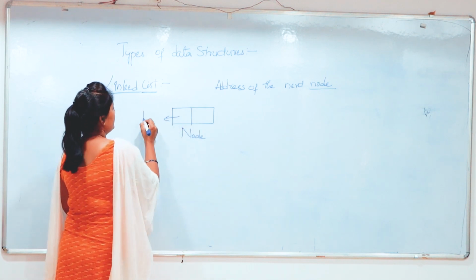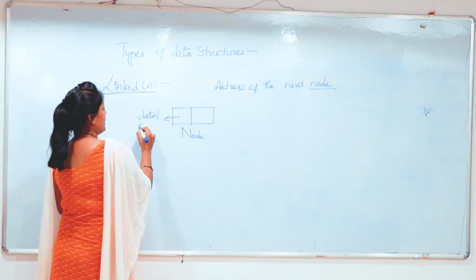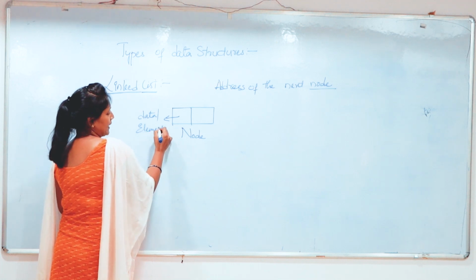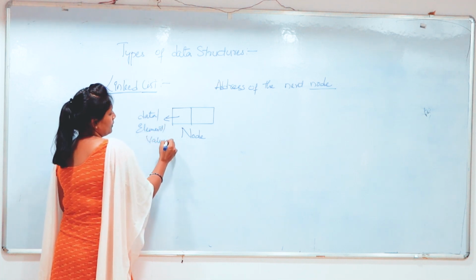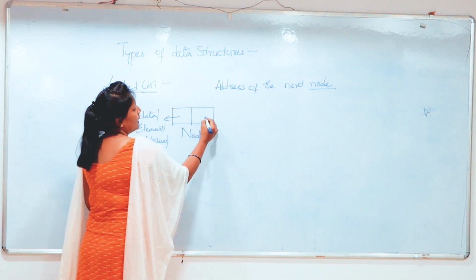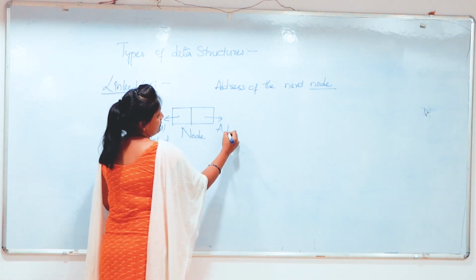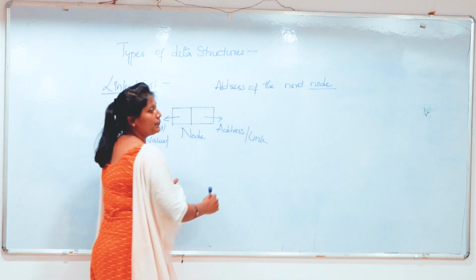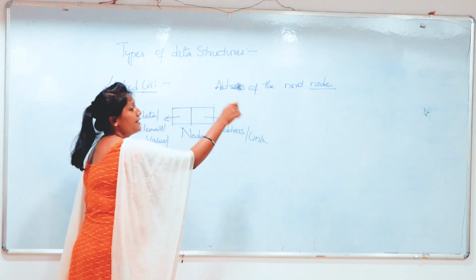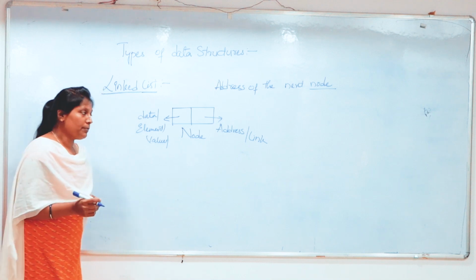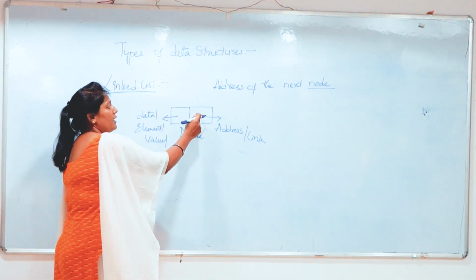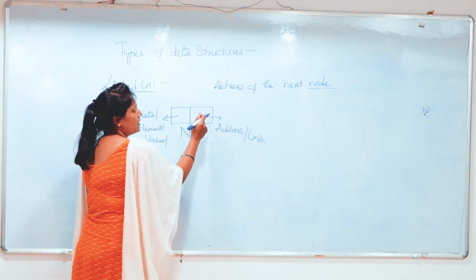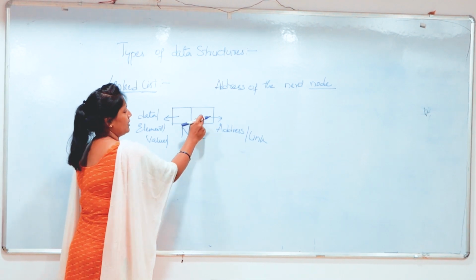One is a data part, an element or a value, you can call it a value, and the other is an address or a link, which will be linked to another node present in our linked list, where the address of the other node will be represented here.